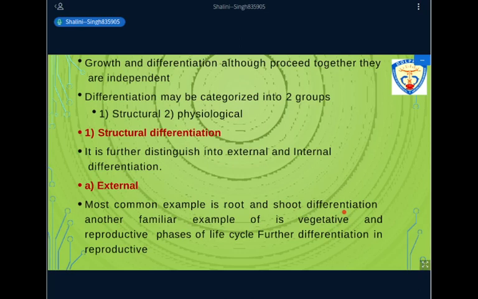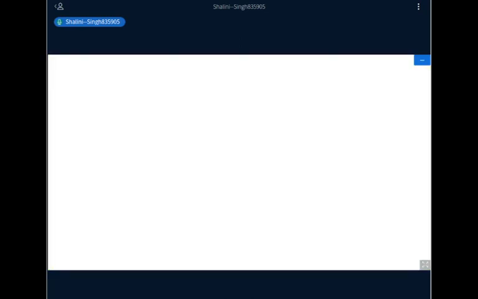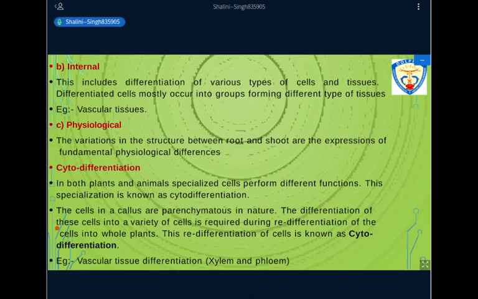So whenever we are developing a plant, we want it to have a completely developed root system and shoot system. When this root and shoot system is well in place in a plant, then we can say that it is in a differentiated stage.